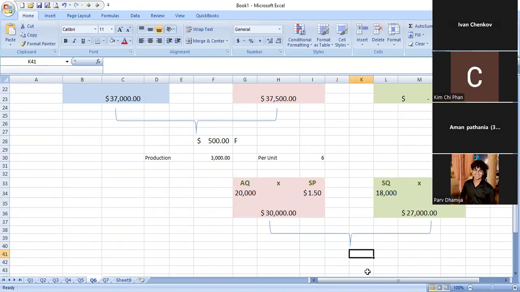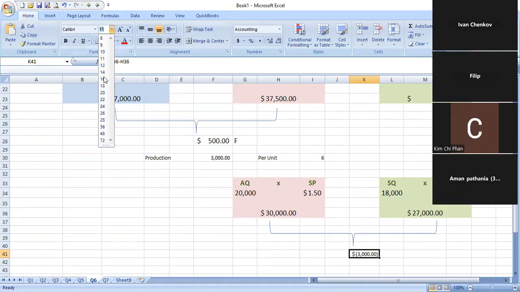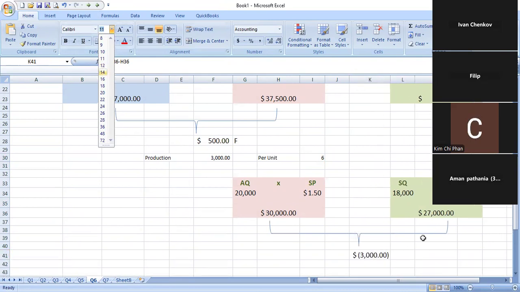Why are we overspending? Because we're overusing the materials. That's going to be equal to this one minus that one. Clearly unfavorable.